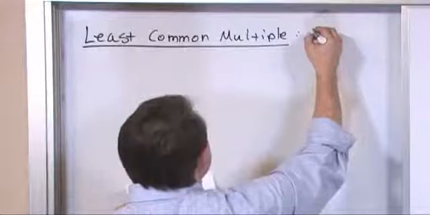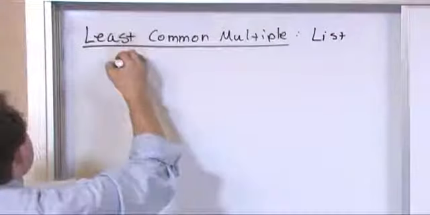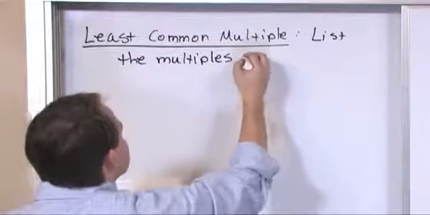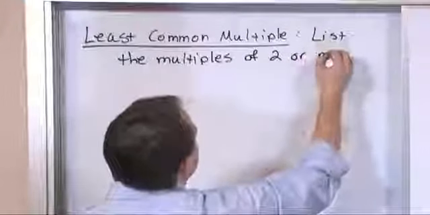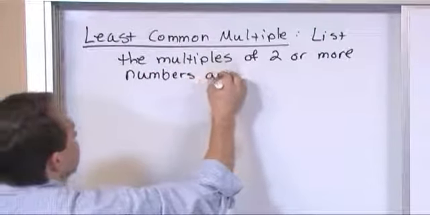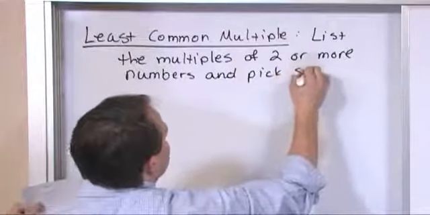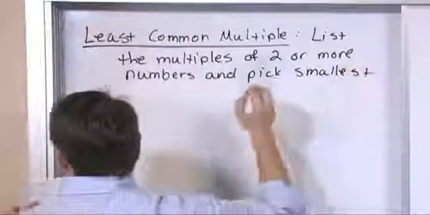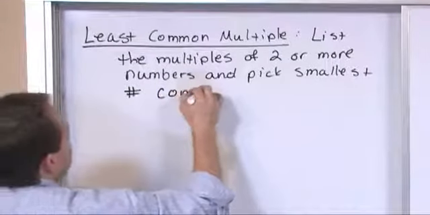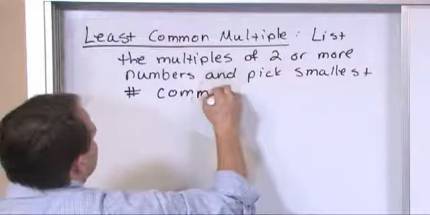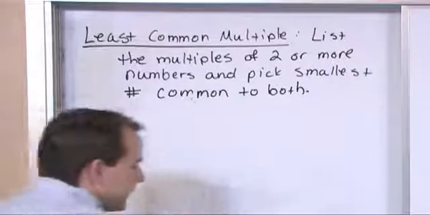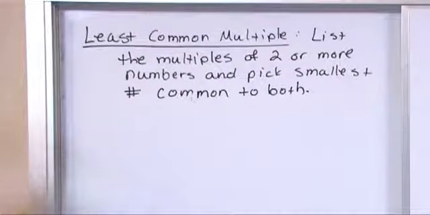So what we do is we list the multiples of two or more numbers, and we pick the smallest number common to both lists, in other words. So really, rather than just talk about this all day, I think the easiest thing to do is just to go into some examples.